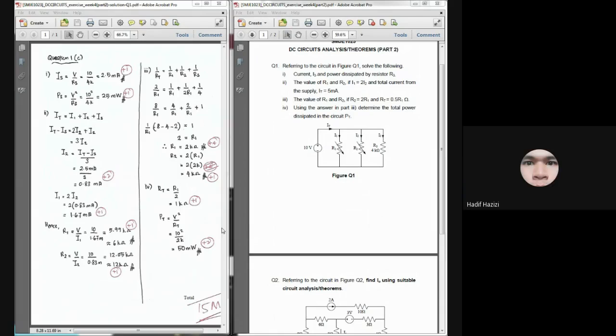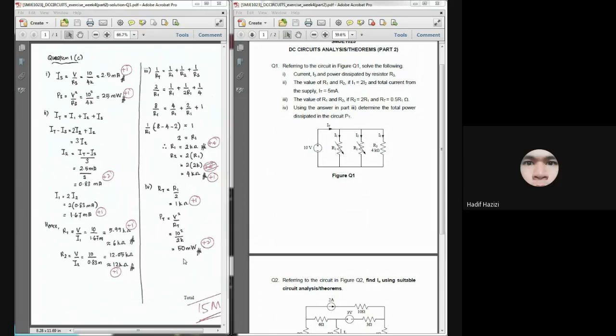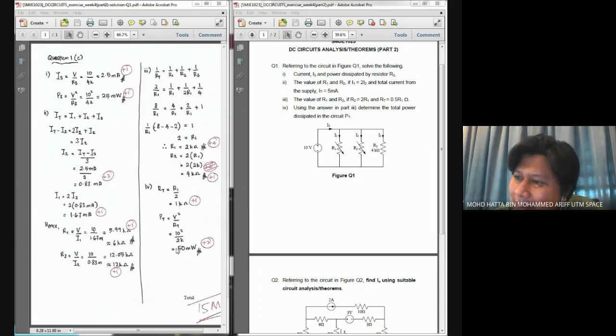Doctor, the number 4, the RT would be 1 kilo ohm, right? My answer is correct. Wrong lah here. Yes, your answer is correct. So I did some mistake over here. Here should be 1 kilo, and the total power should be 100 milliwatt. Thank you so much. Mohammed, is that Mohammed?